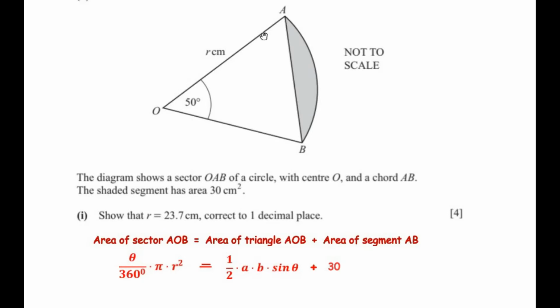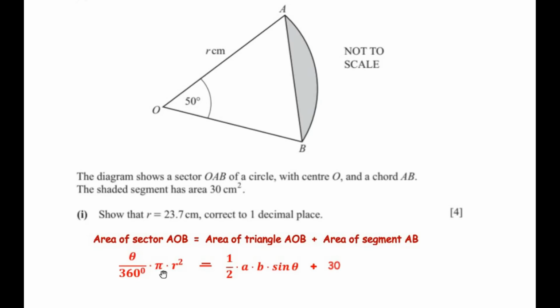And for the area of the triangle, we have used the formula 1 over 2 times a times b times sine theta, plus the area of the segment, which is already given in the question as 30 centimeter square, so we have substituted its value. Now in this formula we have the value of theta with us, that is 50 degrees.